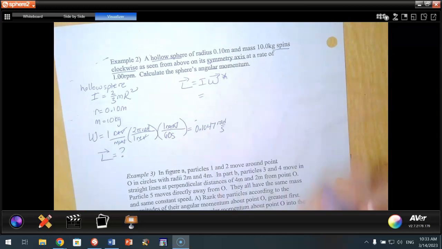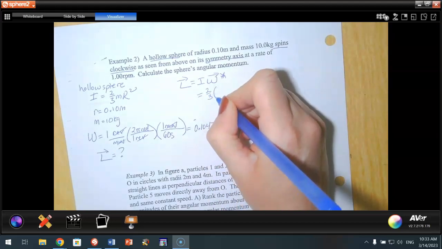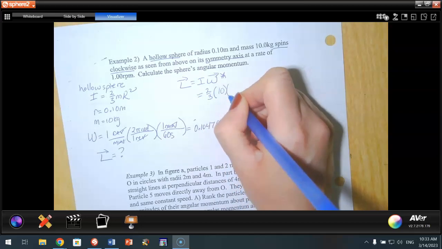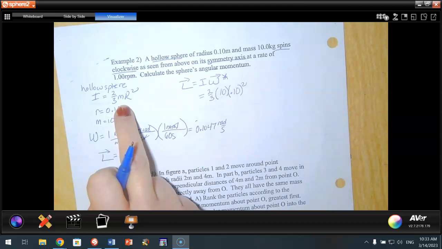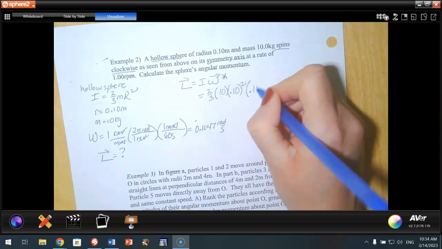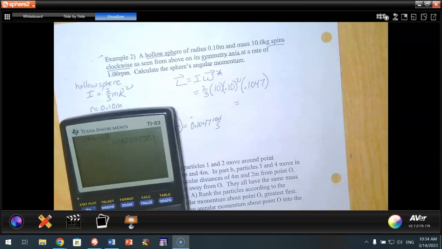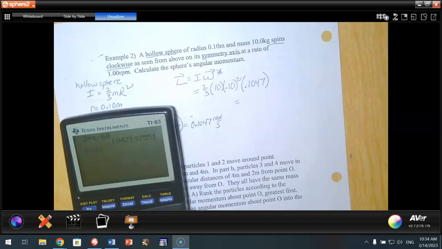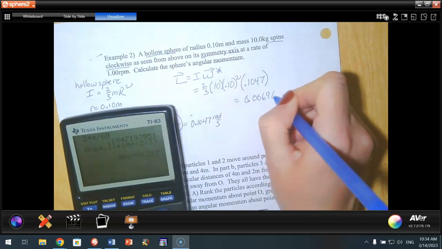So then I can start to put in what I need. For a hollow sphere, it's 2/3. The mass is 10. The R is 0.10, and that has to be squared because of 2/3 mr squared, times this angular speed in radians per second. And so when I multiply all this, I get 0.00698.